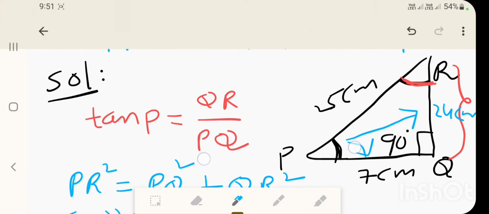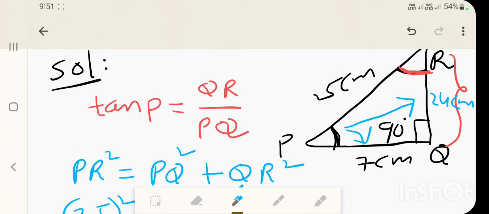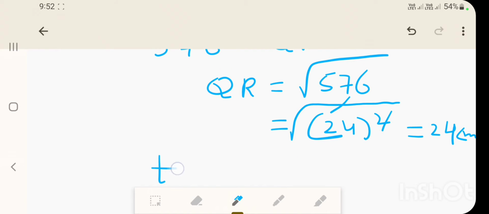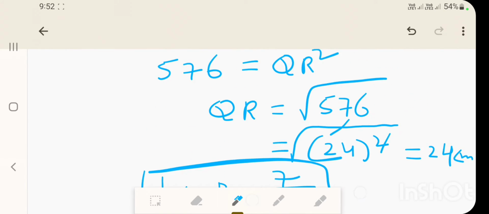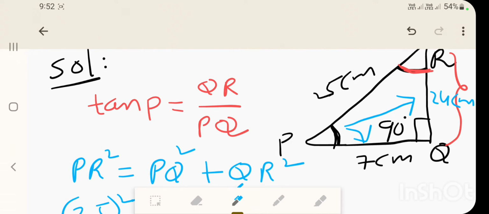So from this we can calculate tan P. Tan P here is nothing but opposite side QR, 24, divided by adjacent side PQ, 7.